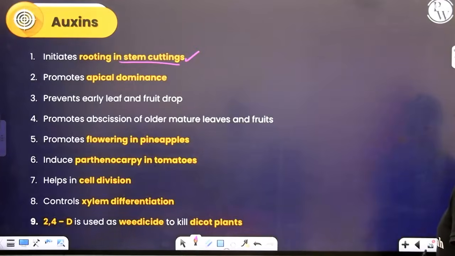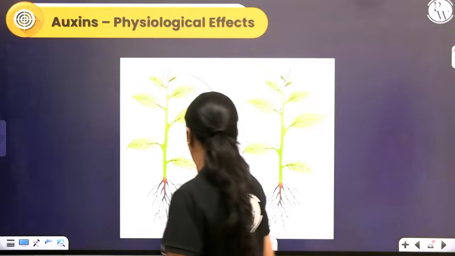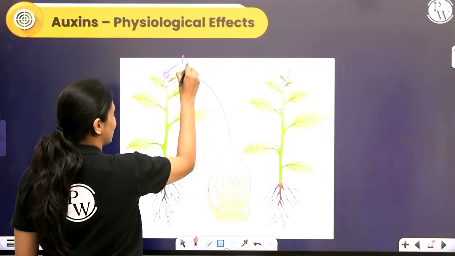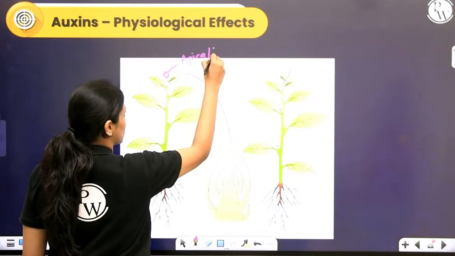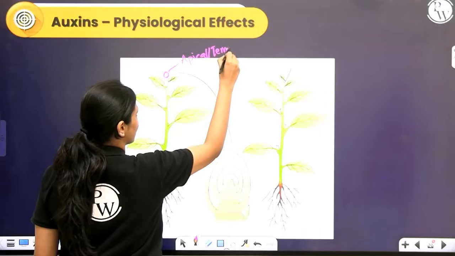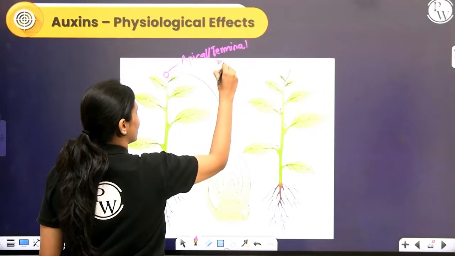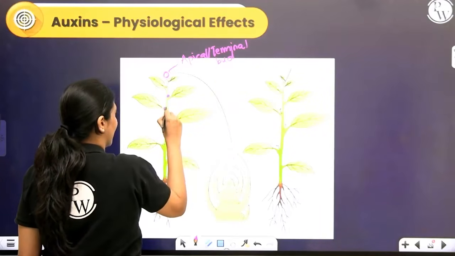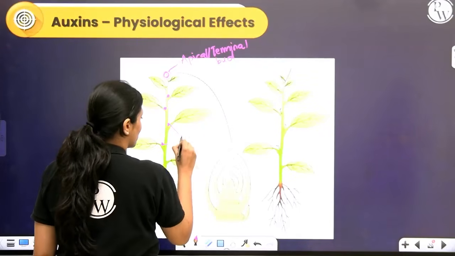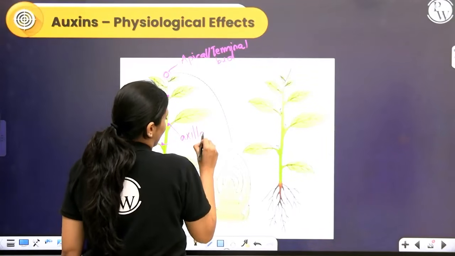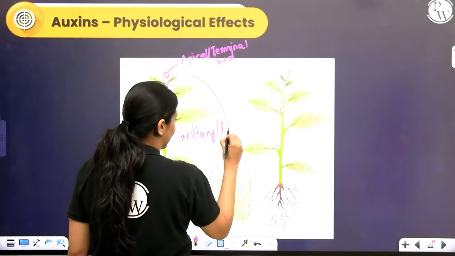Secondly, what it promotes is apical dominance. You see, in a plant, you have the apical bud, also called the terminal bud, and you have buds at the axil of the leaves, which we call axillary or lateral buds.